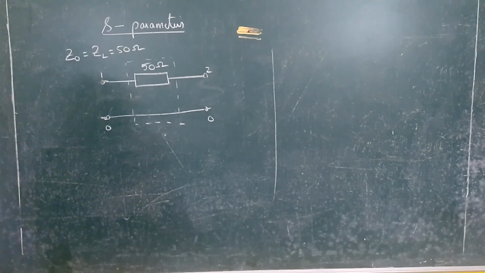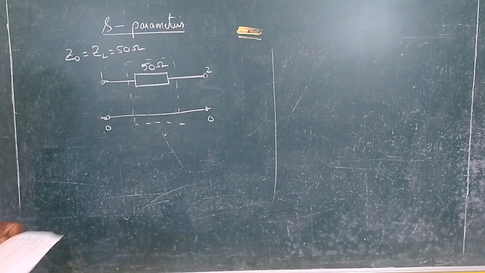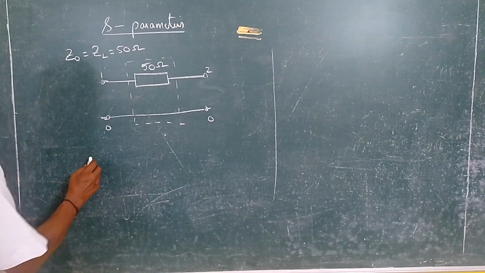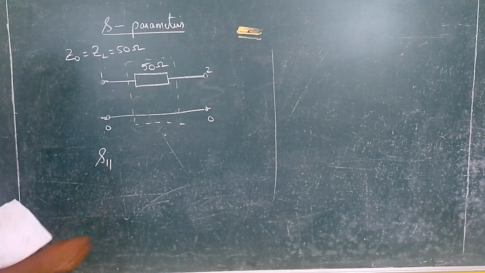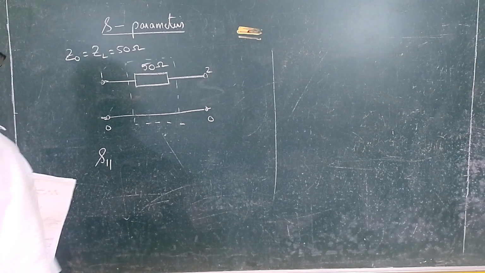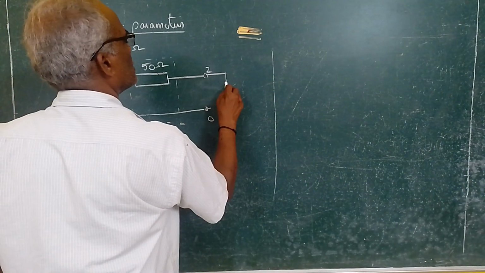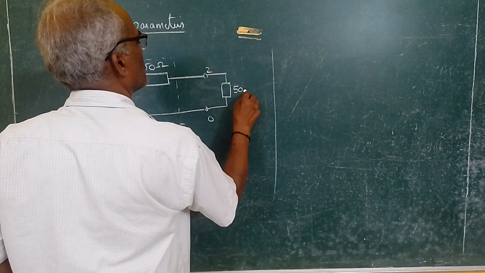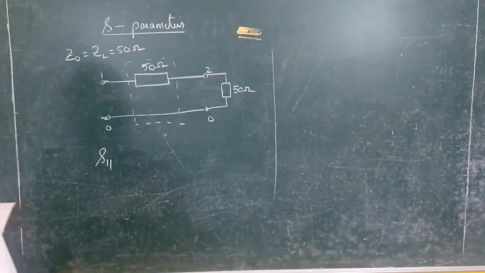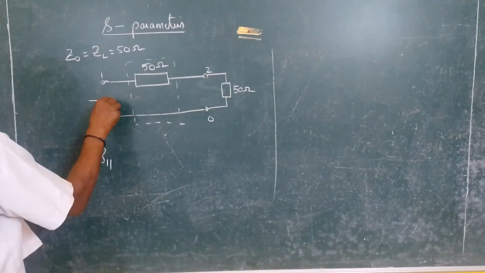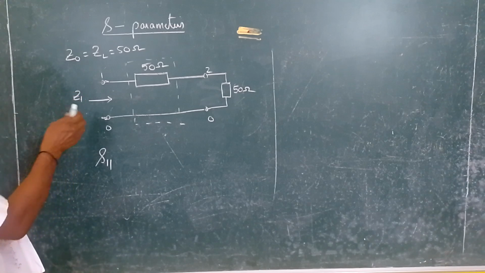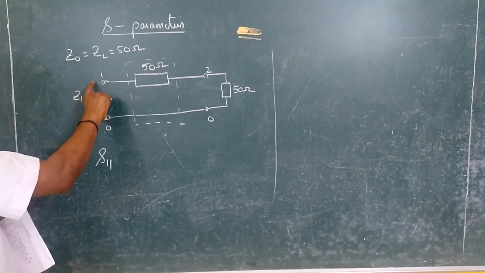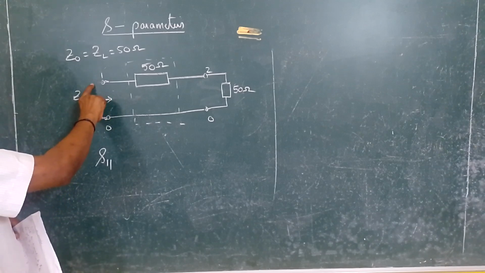Now to find out S11, what you do is you connect 50 ohms here. From here we are finding out Z1, that is the impedance viewed from port terminal 1.